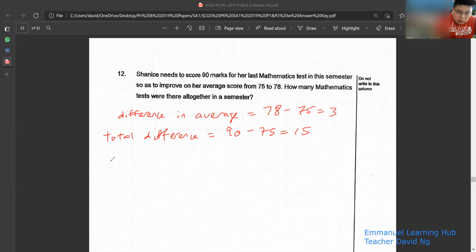Then each difference means number of tests, right? It's a bit like assumption method. Actually, this method is harder to understand. But you can understand this method.